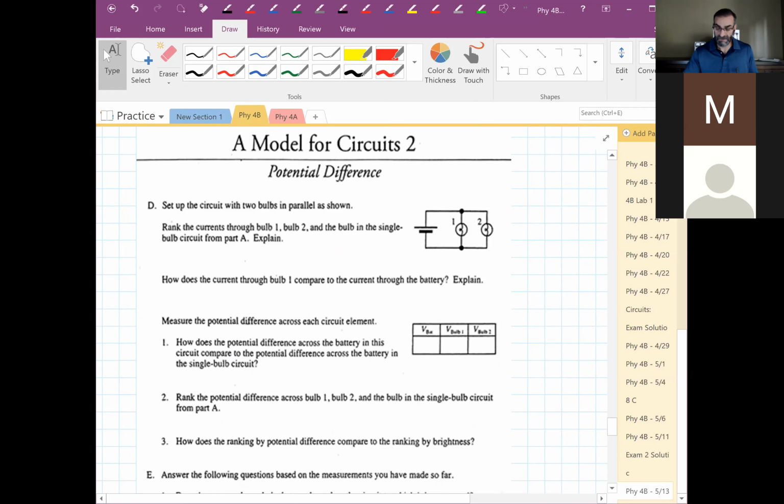Maybe I should set up a PhET simulation. Should I do that real quick? Let me see. No, actually, I don't want that. Do I want that? I want this. And we want electricity.